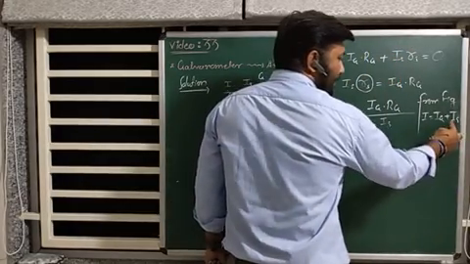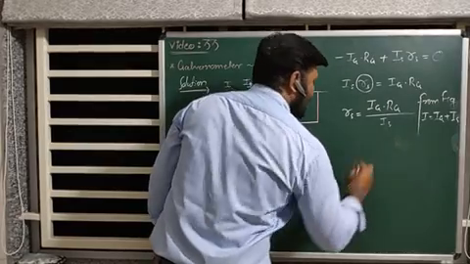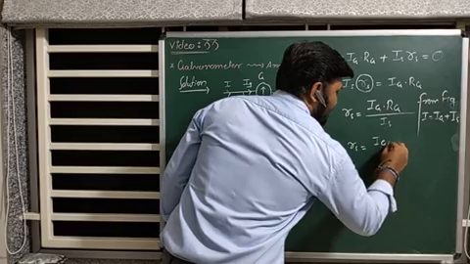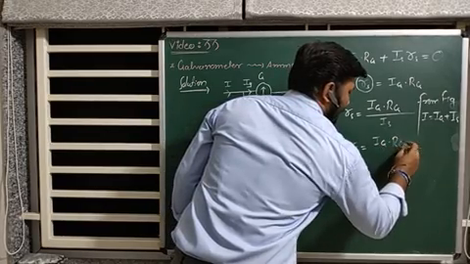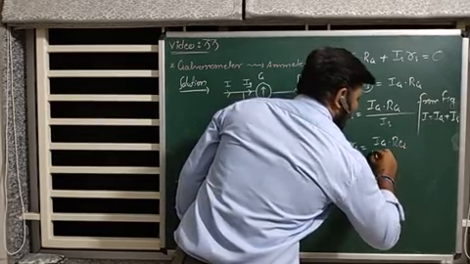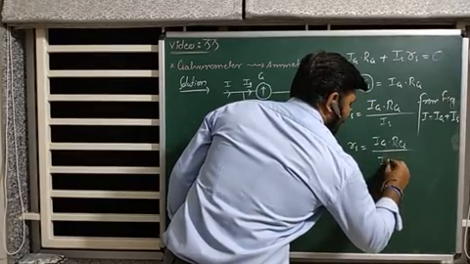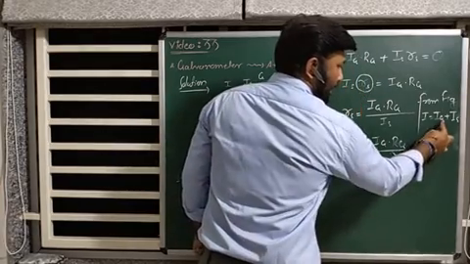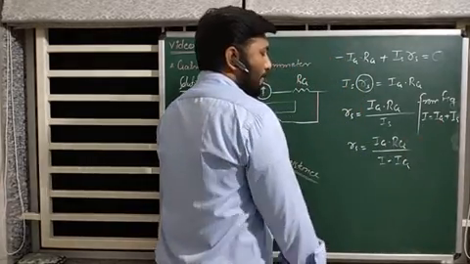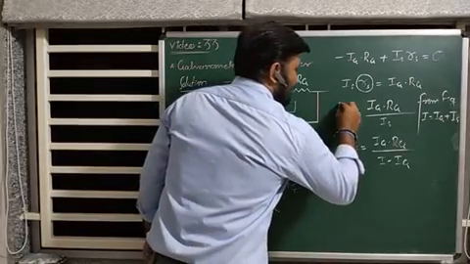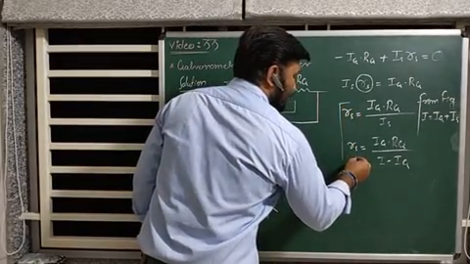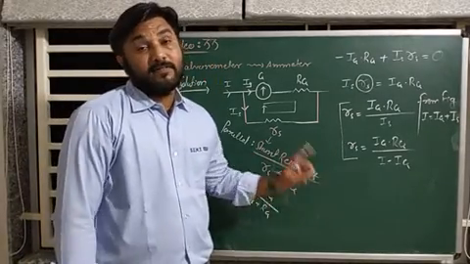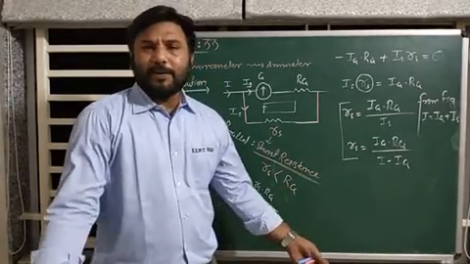So make Is the subject and put it here. You will get Rs is equal to Ig multiplied by Rg upon I minus Ig. Ig taken on this side becomes minus. So these two equations are used to find the shunt resistance Rs. Very simple.